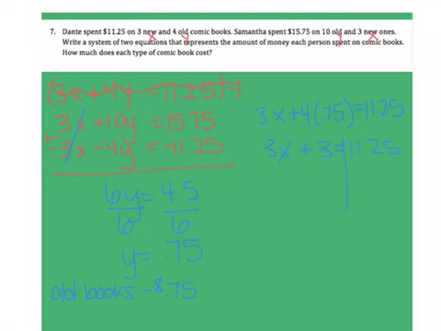And we're just going to solve. Subtract 3. So I get 3x equals 8.25. Divide by 3. So x is going to equal 2.75. So my new books are going to cost me $2.75.